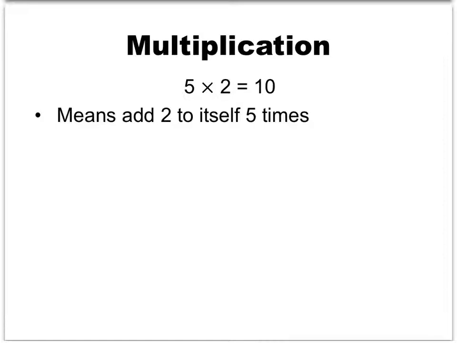We solve this by taking 5 times 2 and we get 10. We can interpret this as adding 2 to itself 5 times: 2 plus 2 plus 2 plus 2 plus 2 is equal to 10. So multiplication can mean repeated addition.